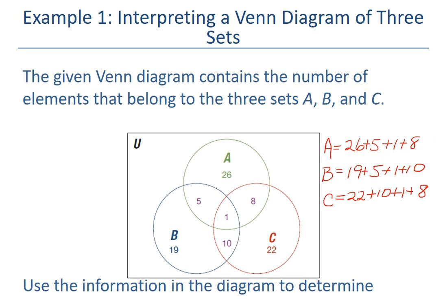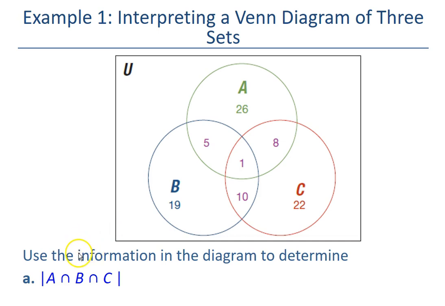All right, so let's look at some that they're going to ask us here. Now, in this one, they want us to use the information in the Venn diagram to determine the cardinal number of A intersecting with B intersecting with C. So where in our diagram is this, where all 3 intersect?